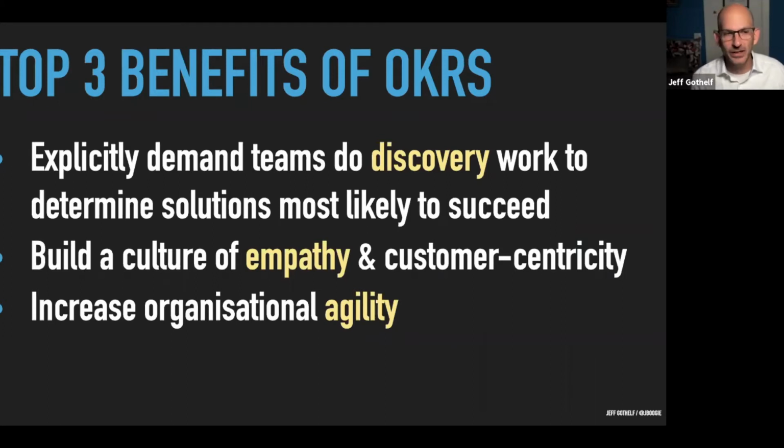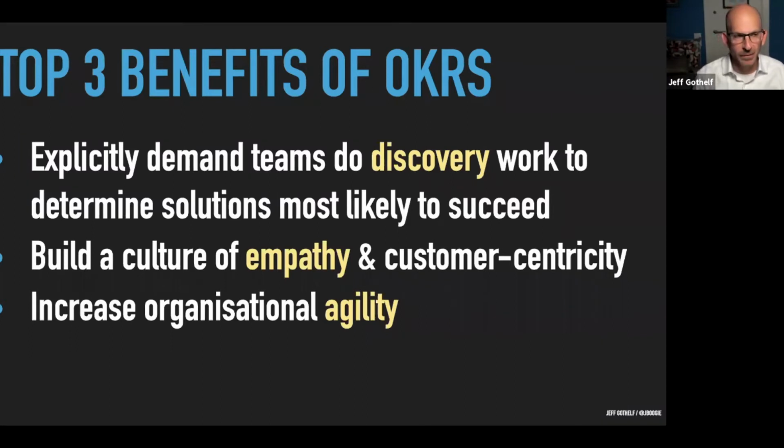Discovery work is Lean UX work to figure out which combination of code, copy, design, value proposition, pricing model, business model, et cetera, is going to achieve the kind of behavior change that we want to see in our target audience.